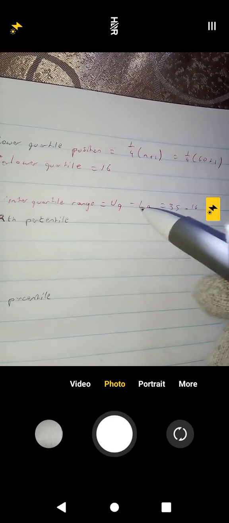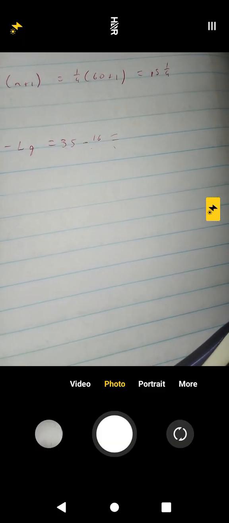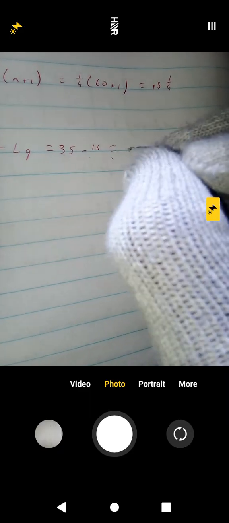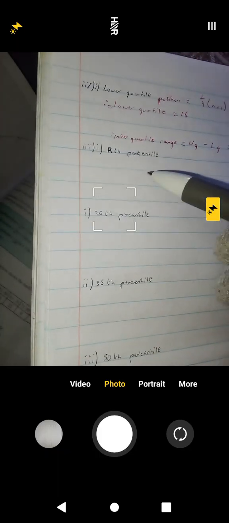So it's the upper quartile minus the lower quartile, which is 35 minus 16, which shall be 19. I hope you've solved it faster than I can do. So the interquartile range is 19.